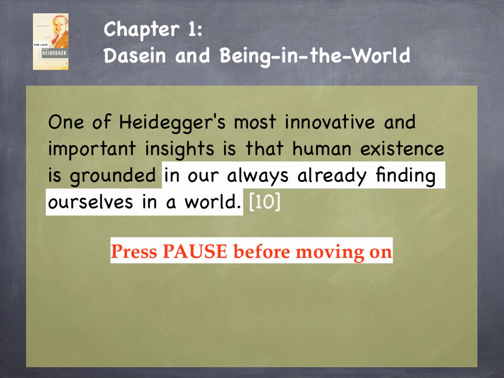Well, I can imagine that you might be thinking that the idea that we find ourselves in a world seems kind of a trivial, if not a rather obvious claim. Is Rothel joking? Perhaps it's the other bit we have to consider, the always already bit. Perhaps it means that we can't but find ourselves in a world.